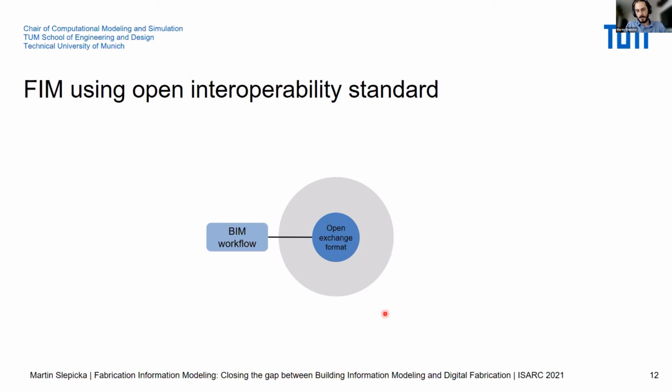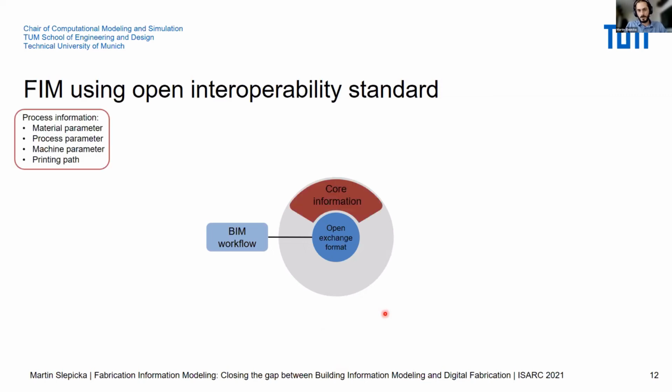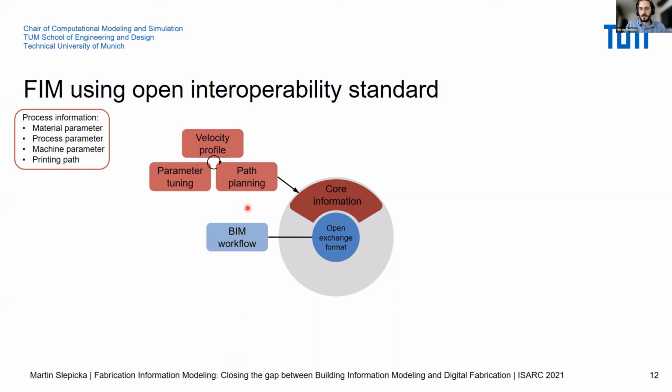And that is not strictly given, so we can plug in any kind of path planning here. In the end, we just want to store the print path in the data structure to represent the movement. How it is created is not directly important for us.